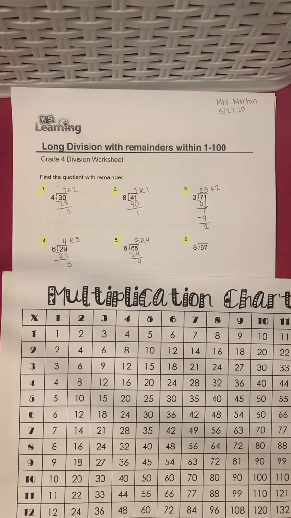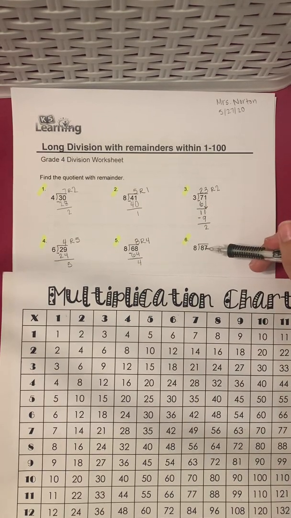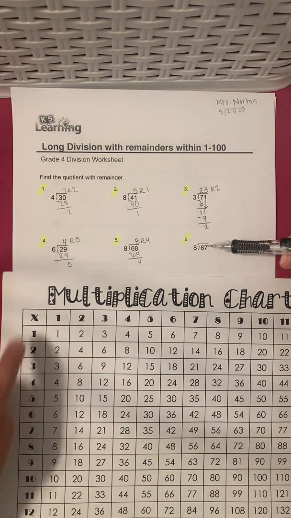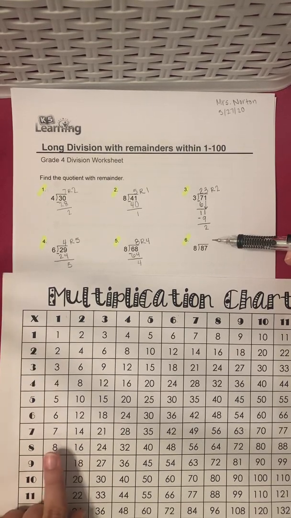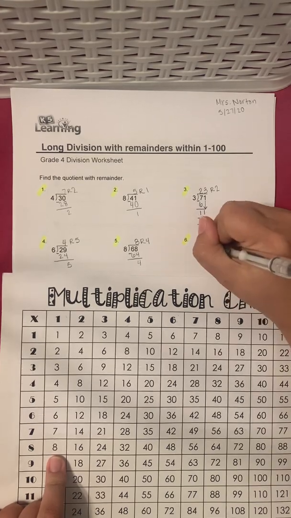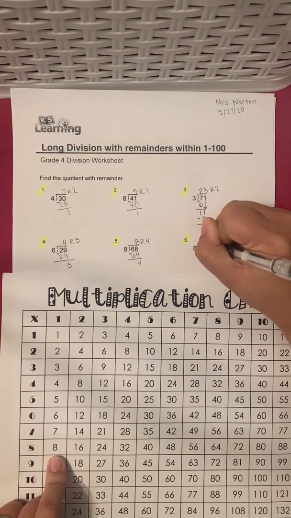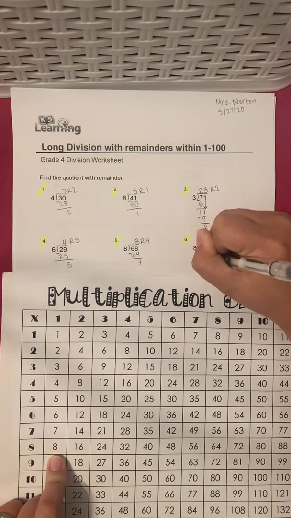Let's try the last one for this page. We have 87 divided by 8. So we're going to ask ourselves, can 8 go into 8? The answer is yes, because 8 times 1 is 8. So we write down 8 because 8 times 1 is 8.